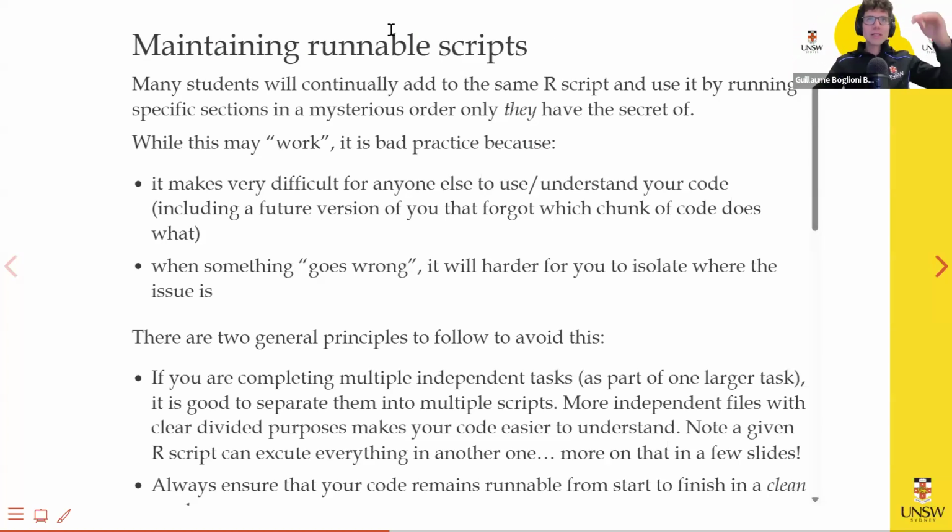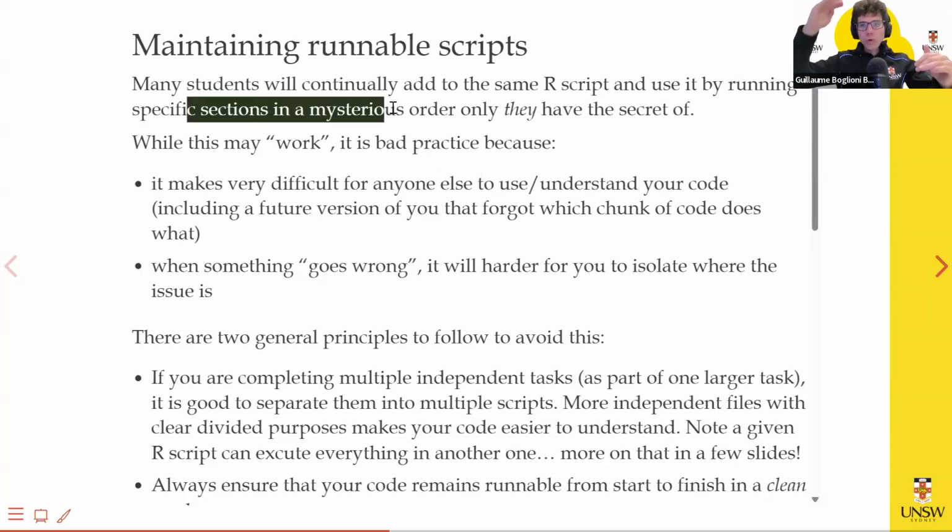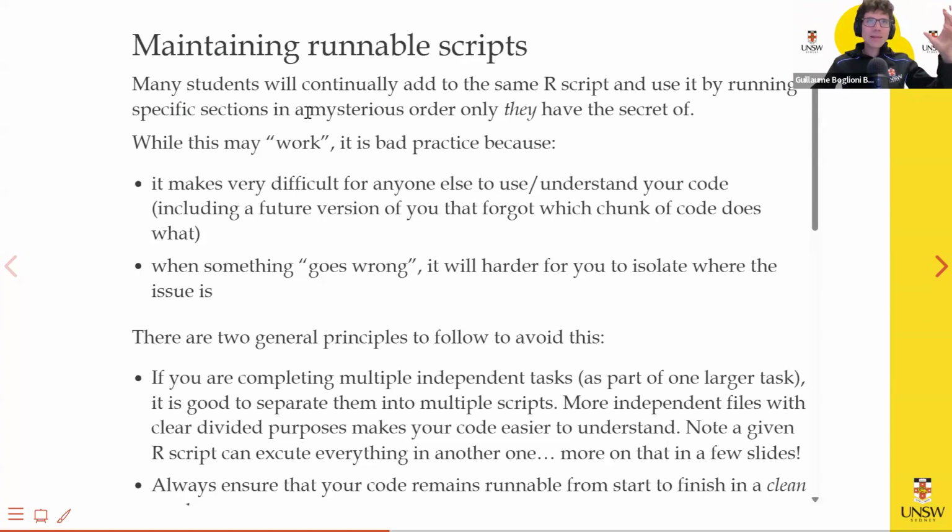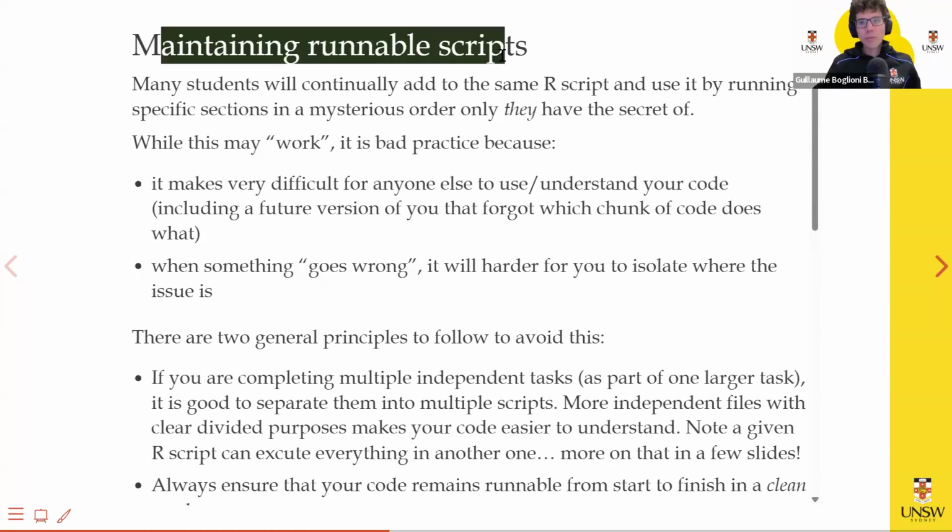They just have lots and lots of code blocks where they kind of know which one works and which one doesn't, and maybe they're not in the proper order, but they have in their mind this mysterious order in which those blocks of code should be executed, and they don't bother to have code that is runnable from top to bottom.